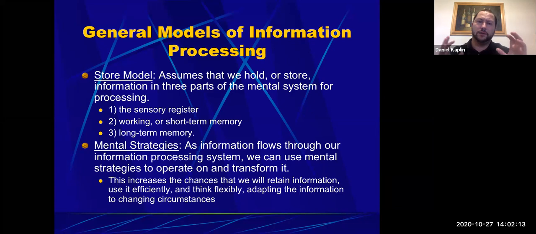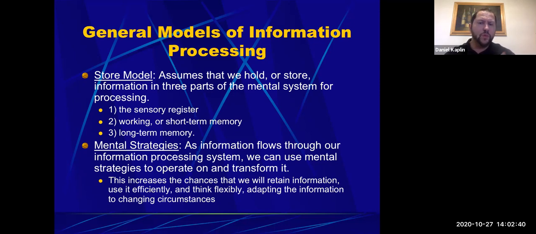So with the sensory register, we talk about things being activated in one of our sense organs. With short-term memory, we're holding on to information for a limited amount of time. And long-term memory is where things stay. If a memory gets all the way to long-term memory, you can access it at a later point in time.